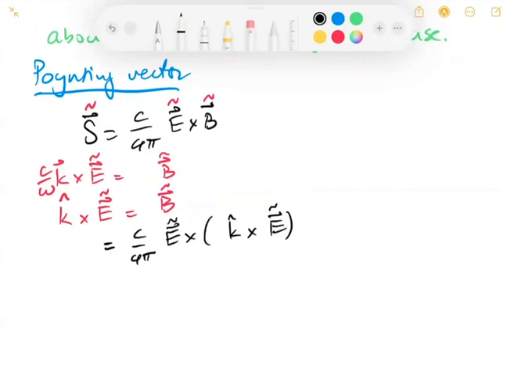Okay, now we'll do one of these triple product rules.